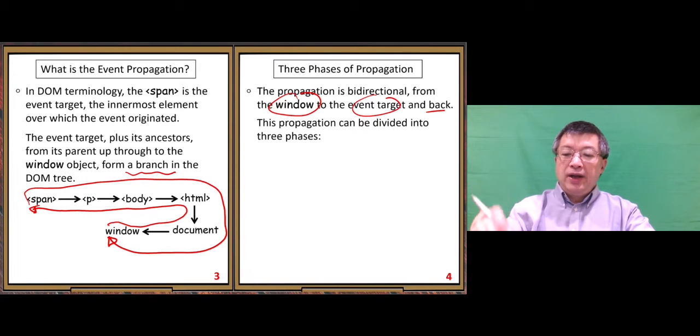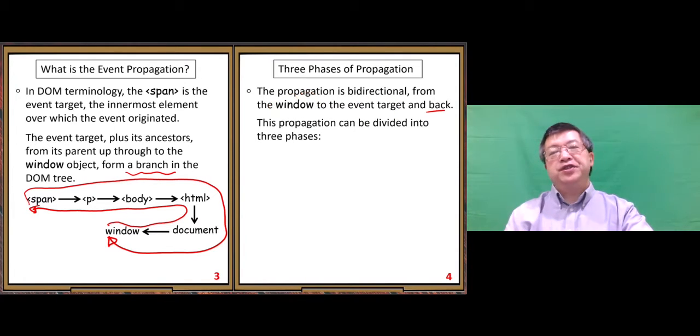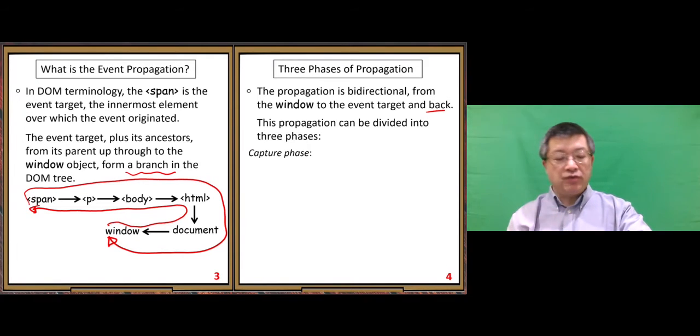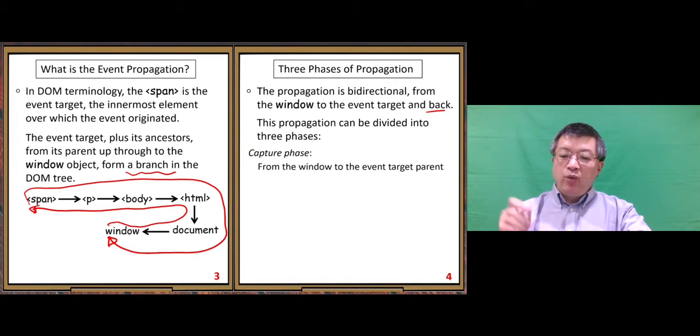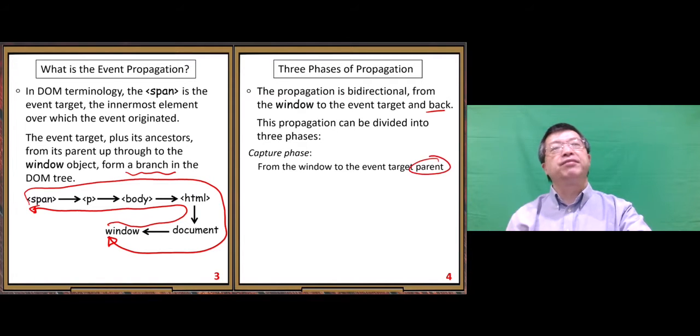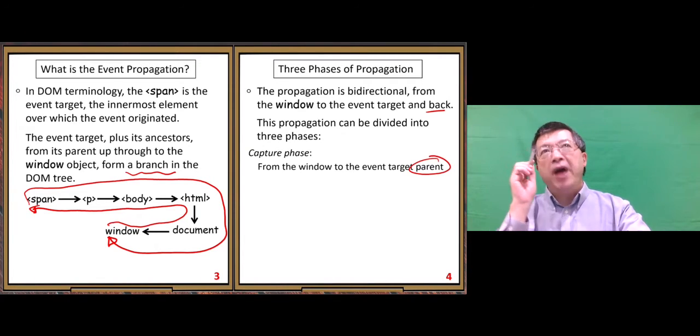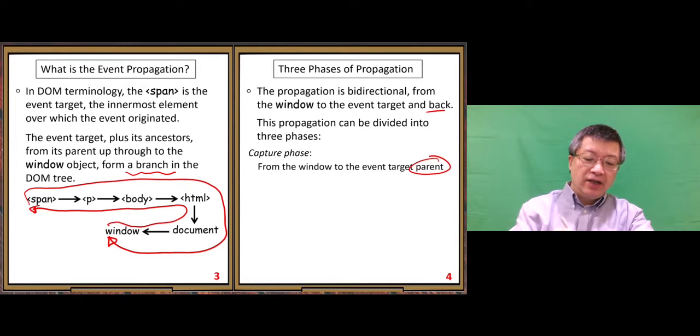Then we divide it into three phases. The first phase we call the capture phase. What is the capture phase? From the window to the event target's parent, not the event target itself, its parent. So the capture phase starts from the window, then goes down and stops at the parent of the target.